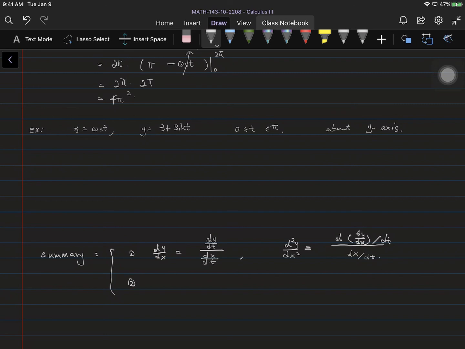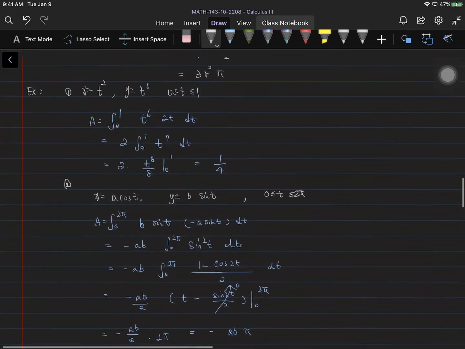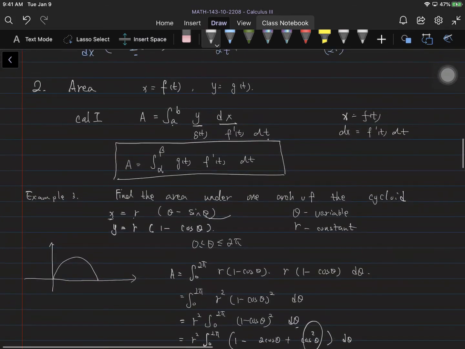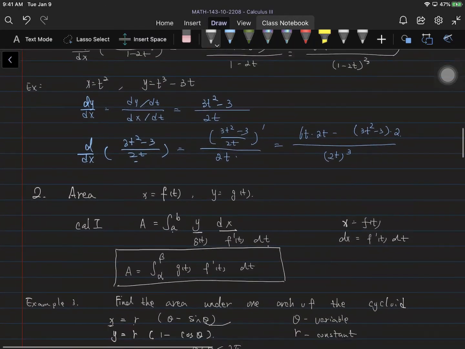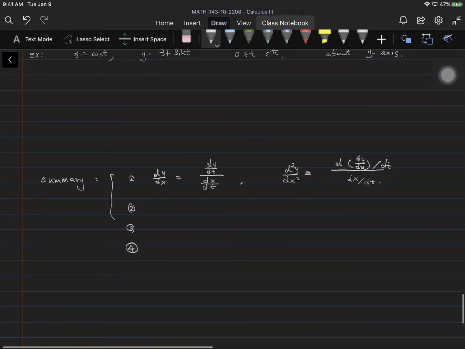The second thing we need to know is, first is the derivative, second is area, third is arc length, and surface area.